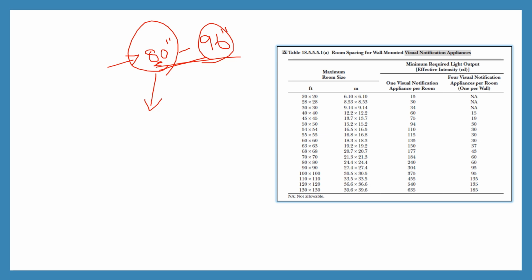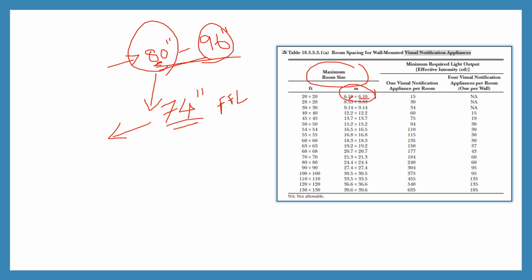For example, if I am going to install my wall mounted strobe at 74 inch height from finish floor level, then there is a possibility to install. However, the area or the dimension must be reduced. How it is possible, I will explain.